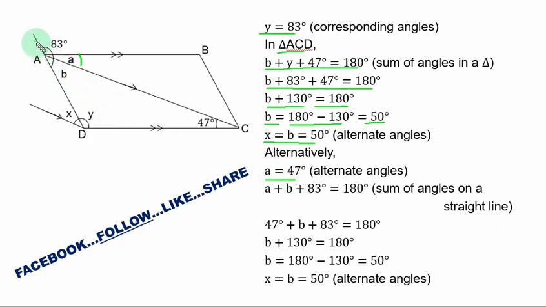Now let's get B. You add the three angles on this line. The sum is 180 degrees. You replace A with 47 degrees plus the rest angles equal to 180 degrees. That simplifies to this. If you make B the subject, you have 180 degrees minus 130 degrees, and that is 50 degrees.